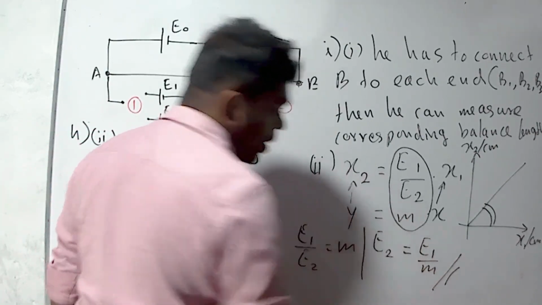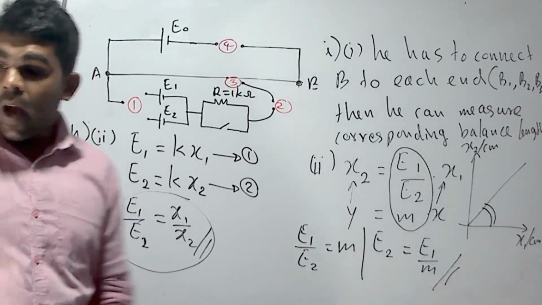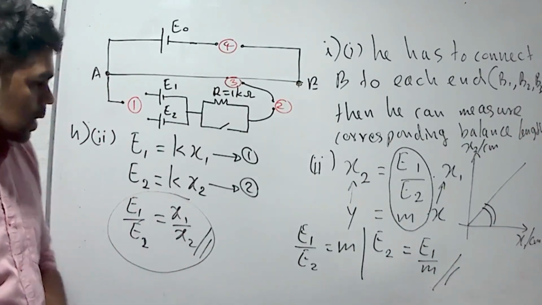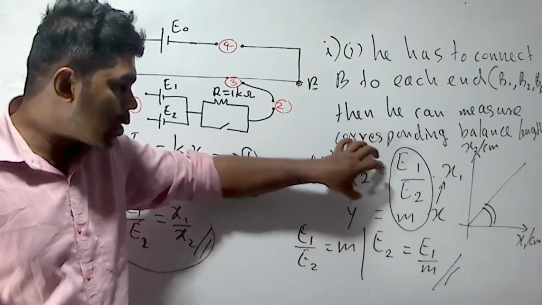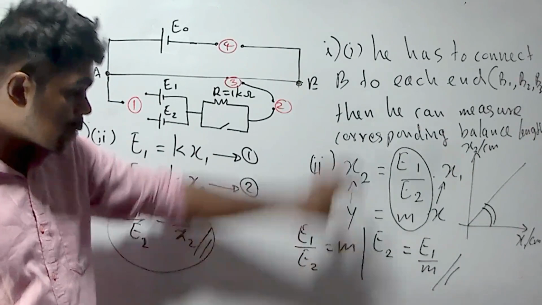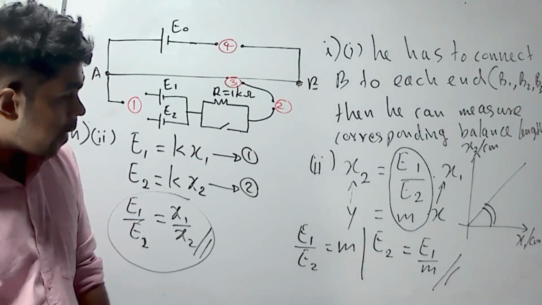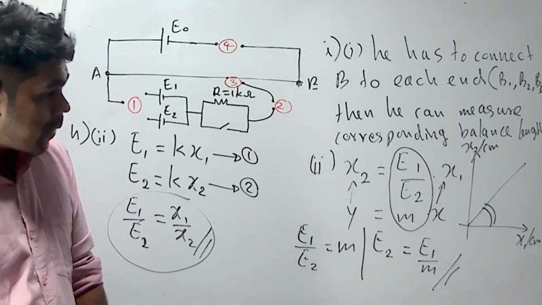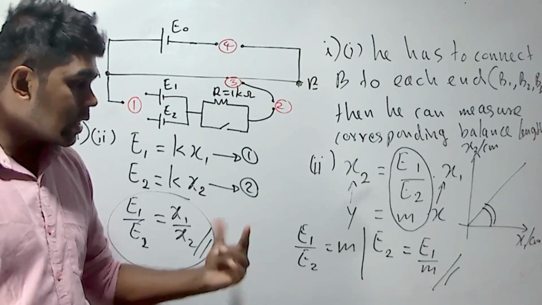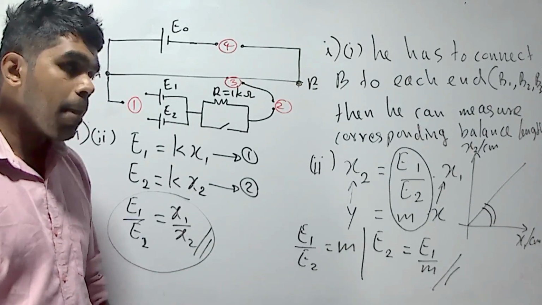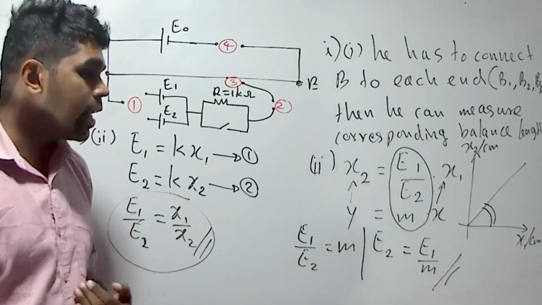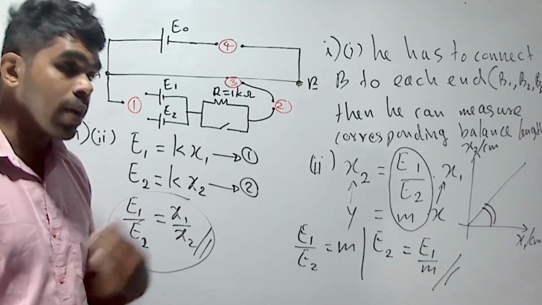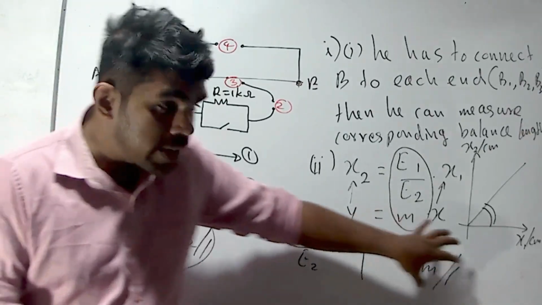It is the answer. If you are taking x1 as the independent variable and x2 as the dependent variable, or if you are changing the corresponding physical quantities, dependent variable and independent variable, it is also correct. This is only one type of answer.